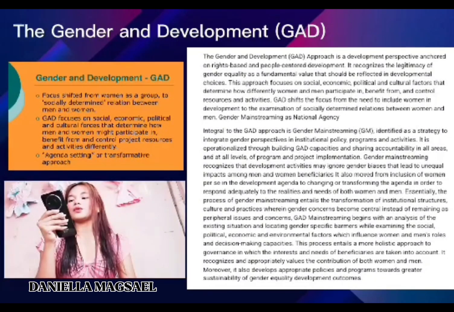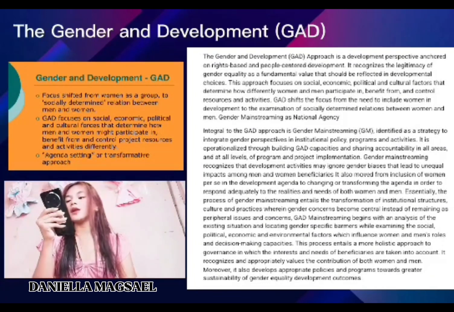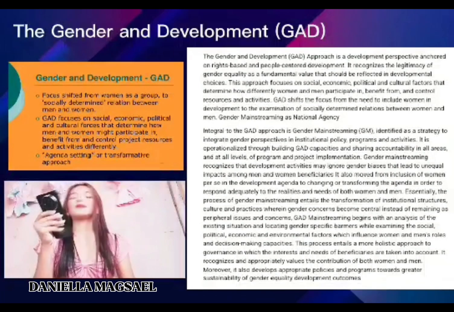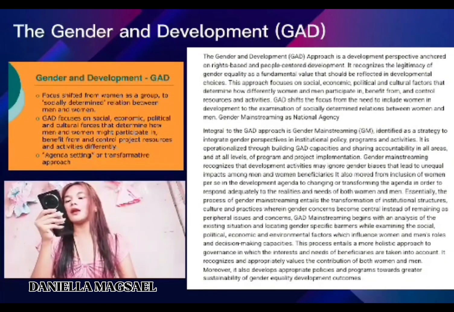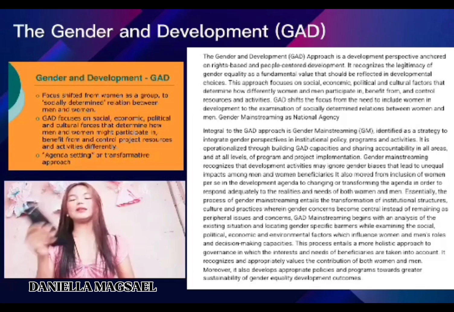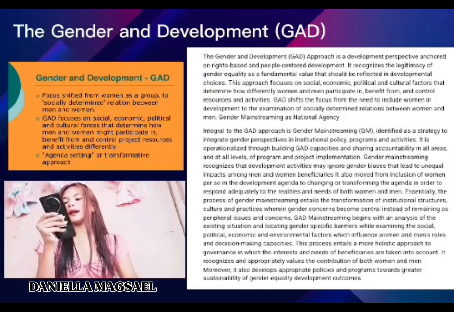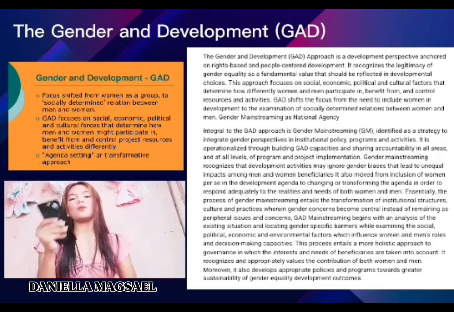This approach focuses on the political, economic, and cultural factors that determine how differently women and men participate in, benefit from, and also control resources and activities. So GAD shifts the focus from the need to include women in development to the examination of the socially determined relations between women and men.